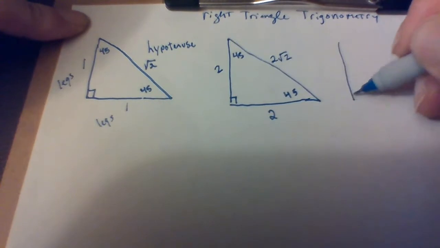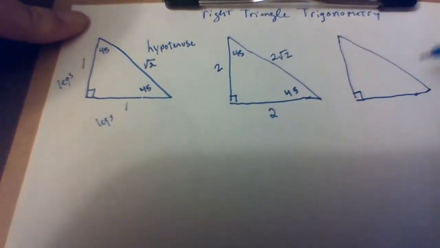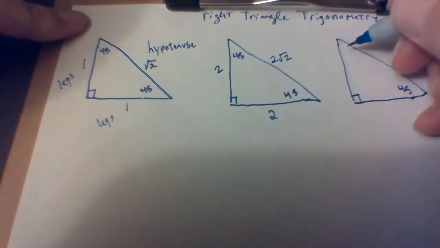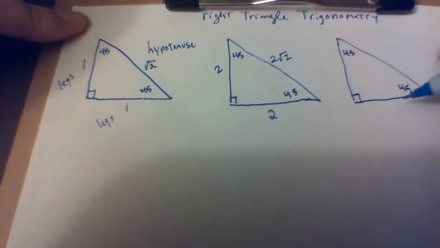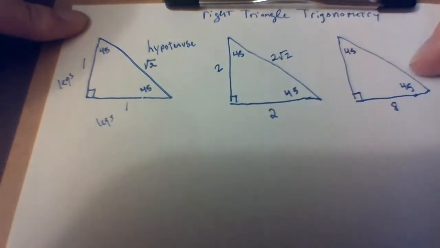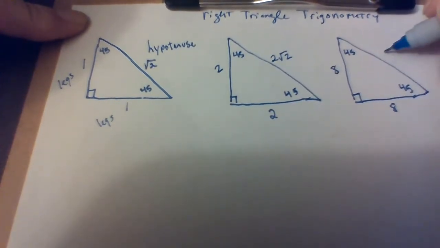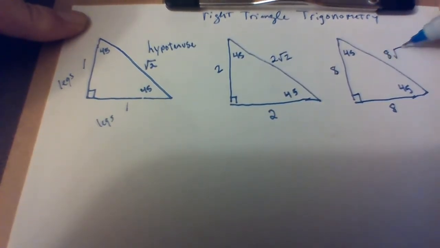Similarly, if I took any 45-45 right triangle, say this was 8, times that by 8, so in order for that to be isosceles, this would also have to be 8, and this would be 8 radical 2.